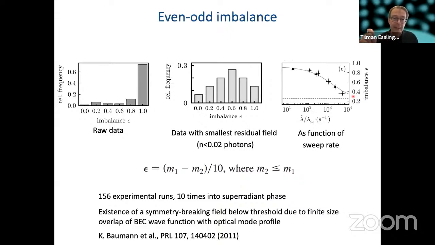Because if you're fast, then you're on a higher energy scale, and any residual symmetry breaking field will not play a role anymore. So this seems to be very consistent with a simple Kibble-Zurek picture for our situation.